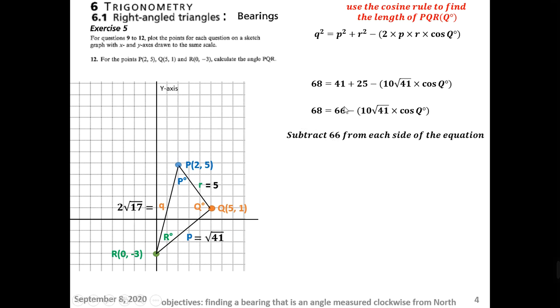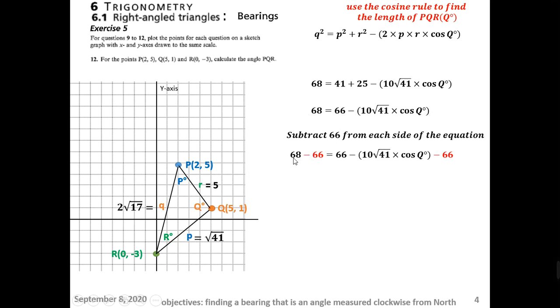Now, we want to get rid of 66. Why? Because we are solving for Q, so we're going to get rid of any numbers before cosine Q. We're going to leave everything that's inside the bracket, and we're going to get rid of 66 at first. How? We're going to apply opposite operations. So we're going to subtract 66 from each side of the equation.